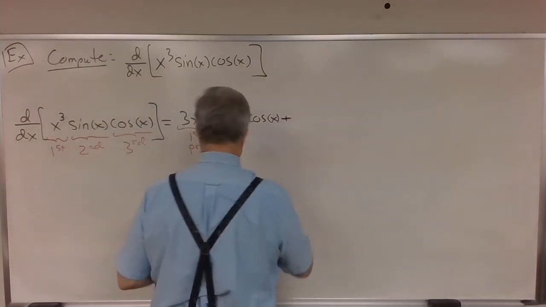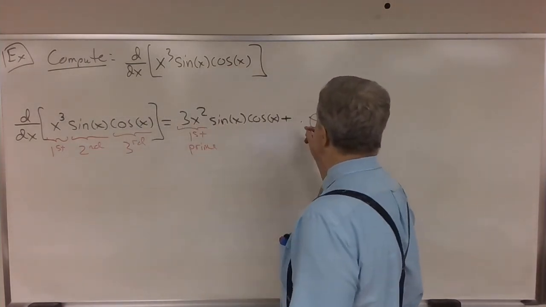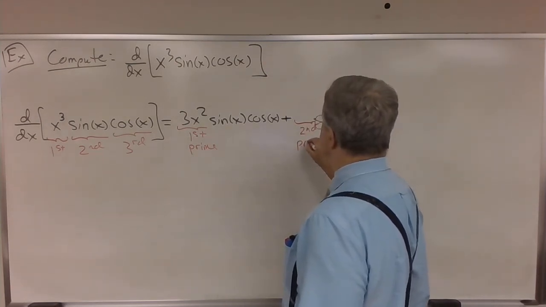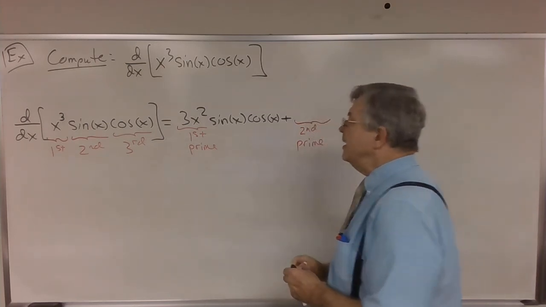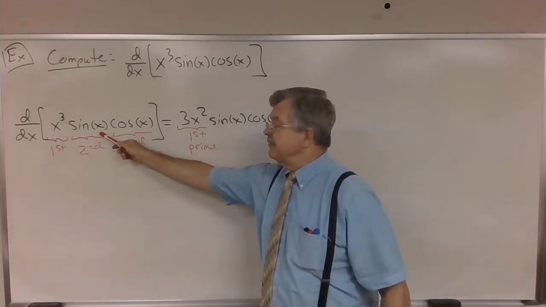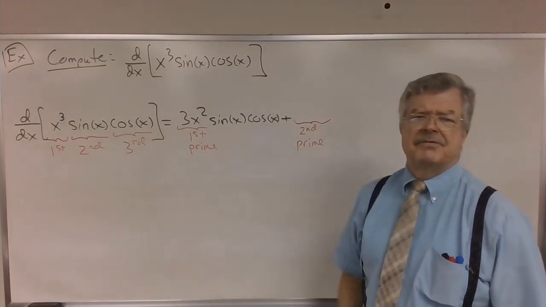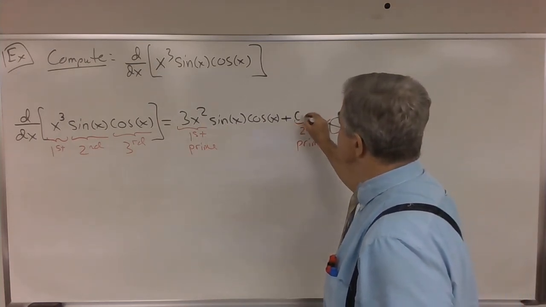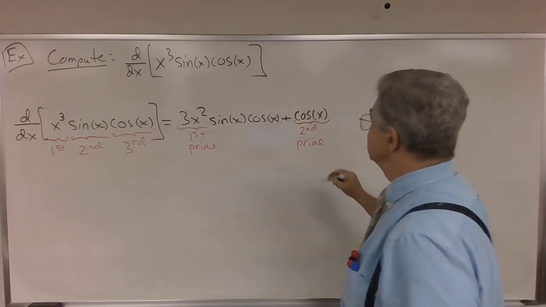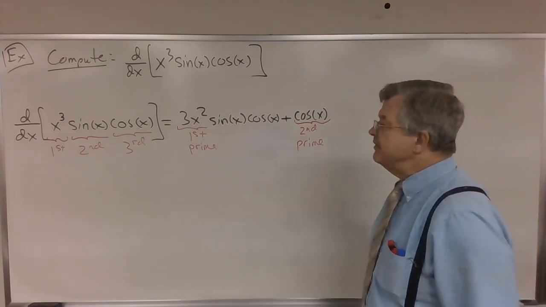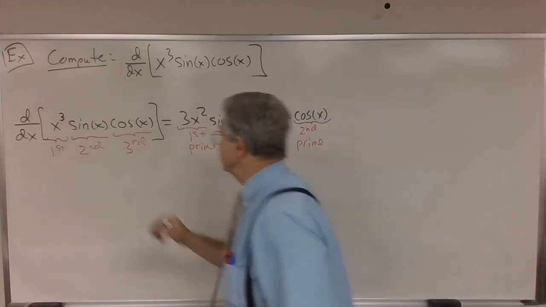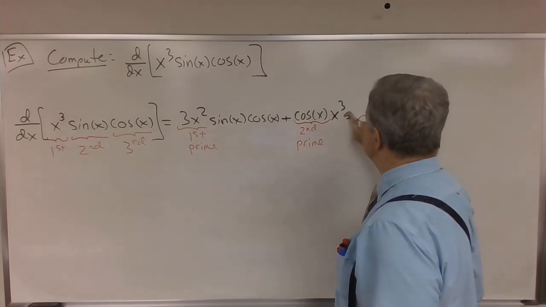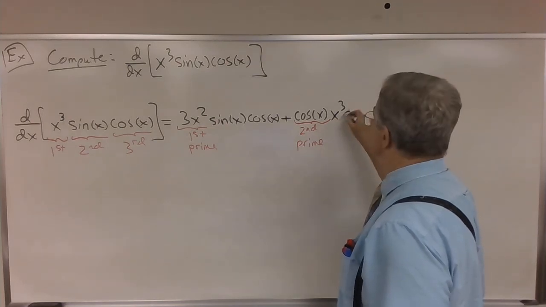Plus second prime times everything else. Second function is sine of x. What's the derivative of sine of x? Cosine of x. So here's second prime, cosine of x, times everything else, first and third. So x cubed, and then the third function, cosine of x.